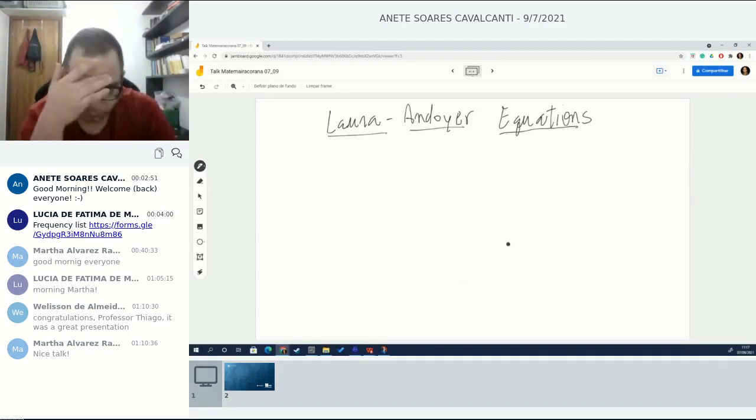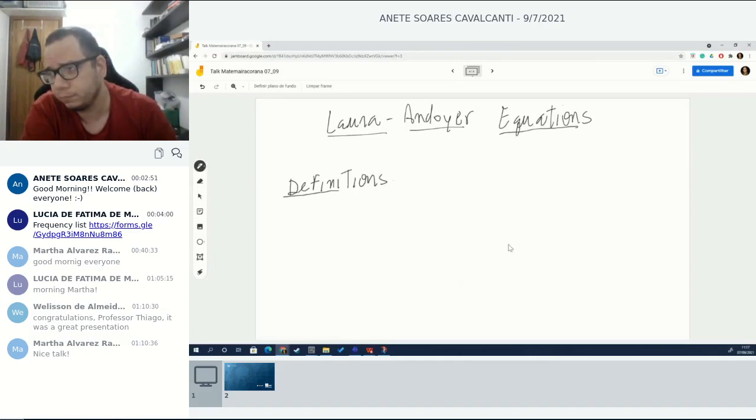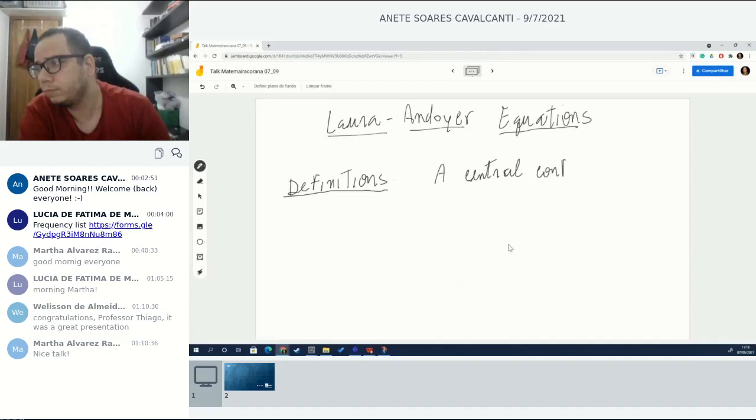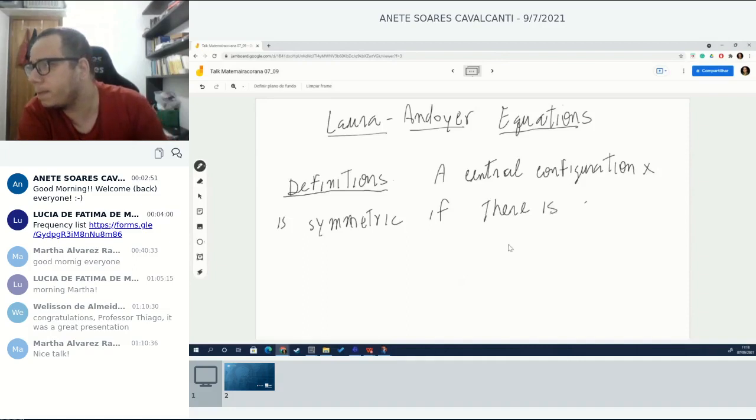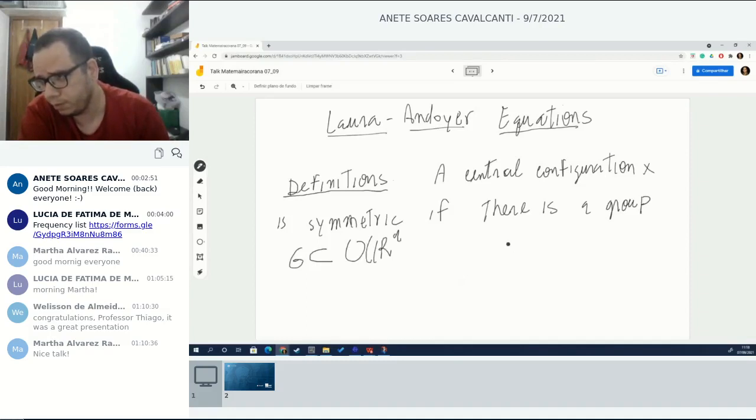Then I will start with the definition. A central configuration X is symmetric if there is a group G, a subset of the orthogonal group of R^d.